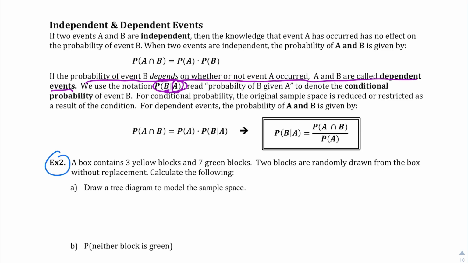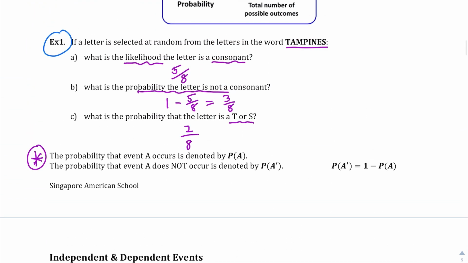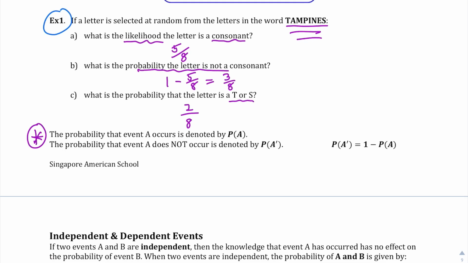And essentially what you need to understand with conditional probability is once something is given, ultimately what we've done is we've altered the sample space. And so instead of having all the different possibilities, what we do is we limit the sample space.